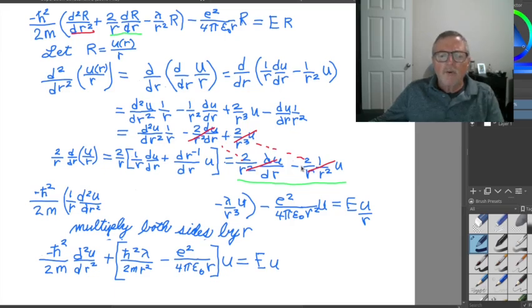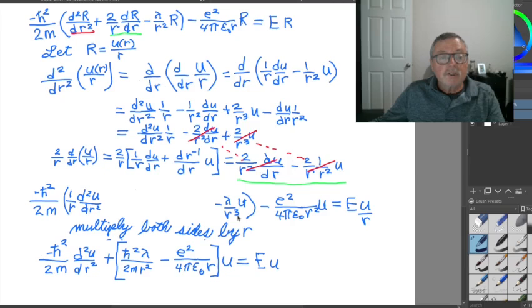So now we can come down here, and this is all that's left. All that's left out of this mess is h bar squared 1 over r times the second derivative of u with respect to r, all those things canceled out, minus the lambda over r cubed. Now how did that r cubed get there?